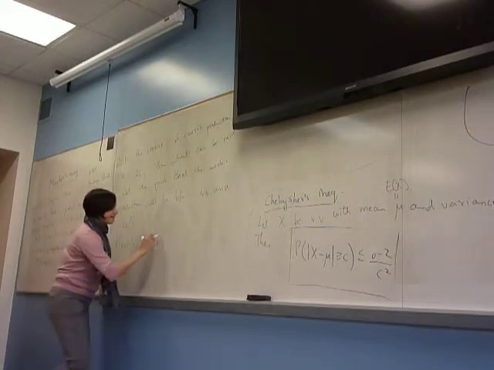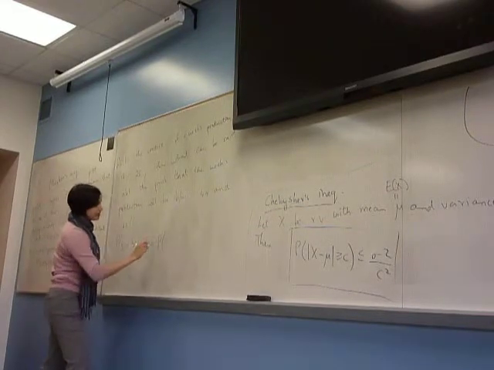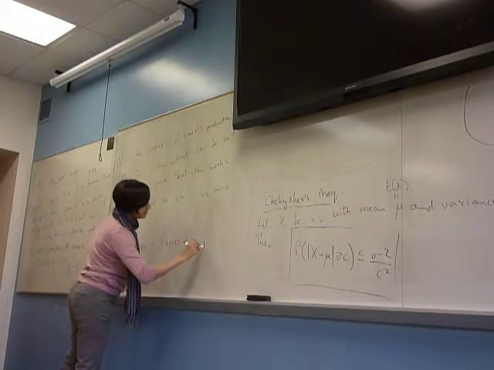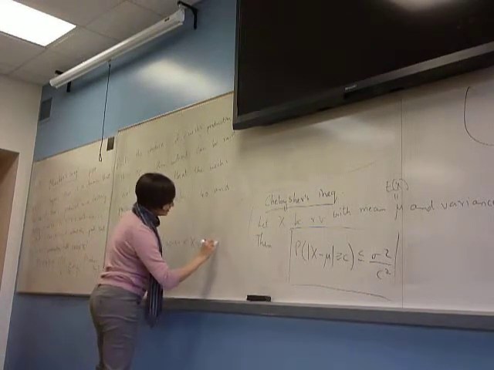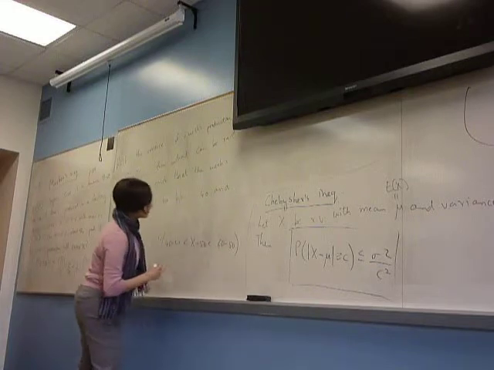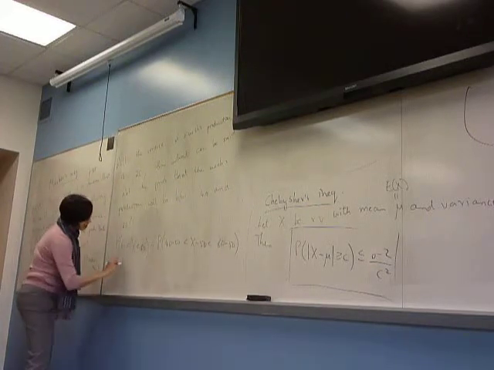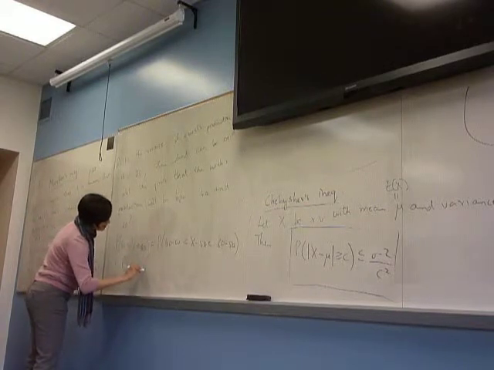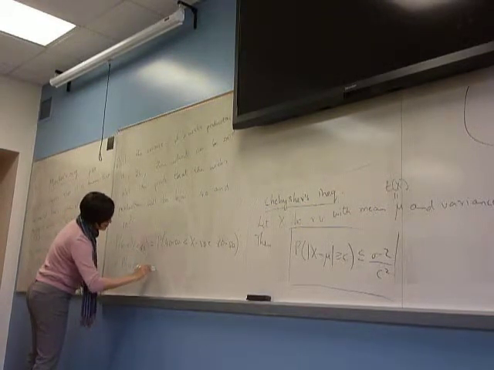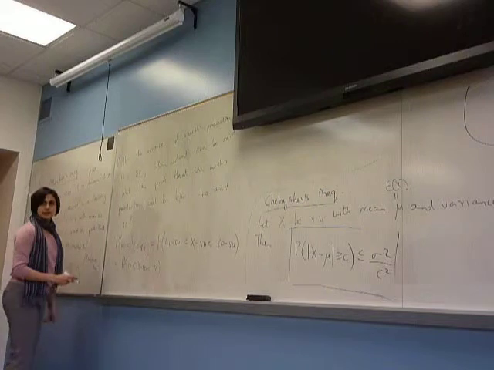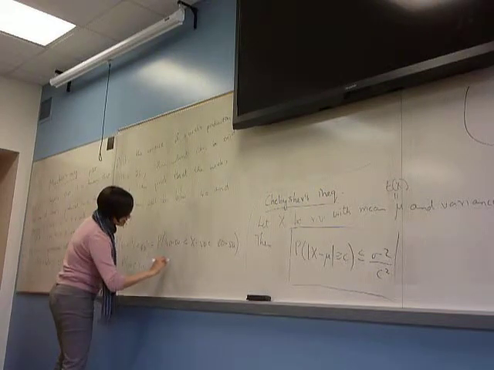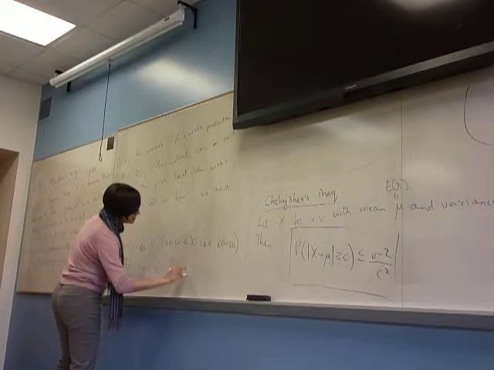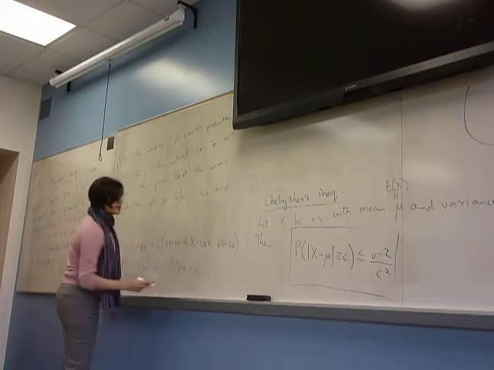So let's subtract 50 throughout. We get the probability that X minus 50 is between negative 10 and plus 10. In other words, the probability that the distance of X from 50 is bounded by 10.